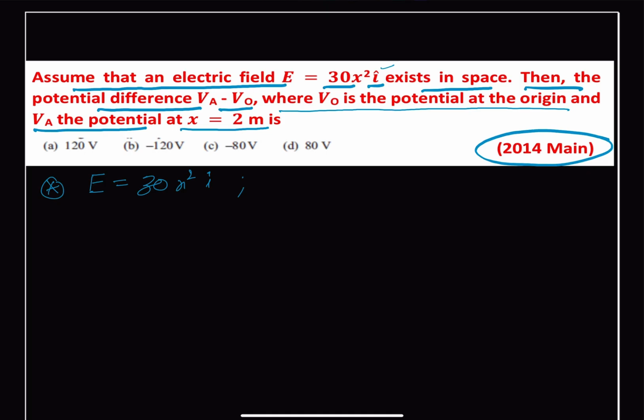So we can write that dV is equal to minus E dot dl, and we can modify this equation as per the given question. Here our length will be along x direction, so dV will be equal to minus the electric field in x direction times dx.